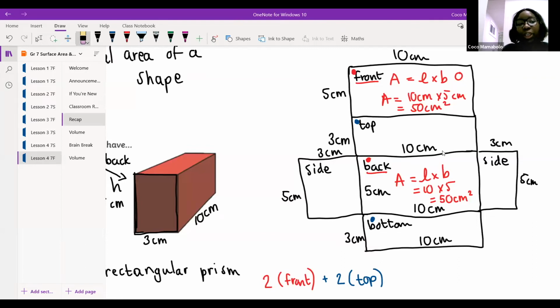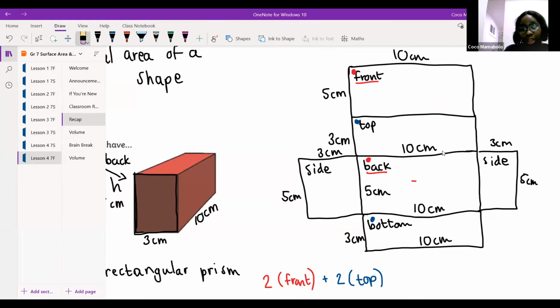So what we can do is go back to the original formula that we did before, where we calculate the area of each of them. If you are stuck, do you remember what we did on Monday, where we calculated the area of each of the sides?